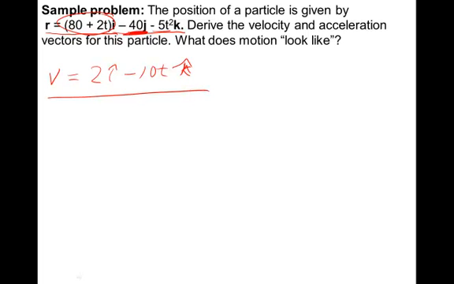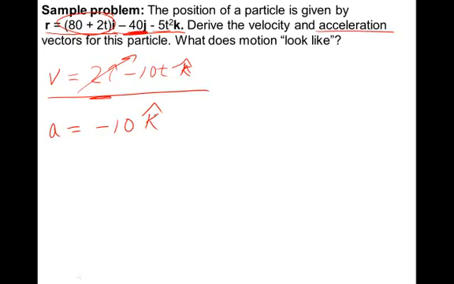It also asks us to solve for the acceleration vector. So in that case, we again need to take the derivative of our velocity vector. So our acceleration would be the derivative of 2 i hat. That's a constant, so it goes to 0. Our acceleration, therefore, is just negative 10, because the derivative of negative 10t is just negative 10, and so we get negative 10 k hat.